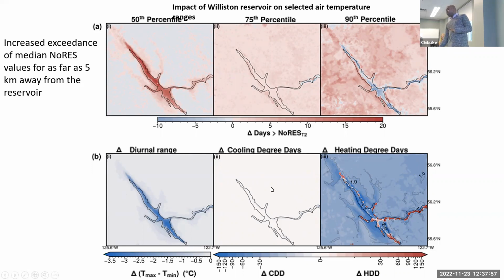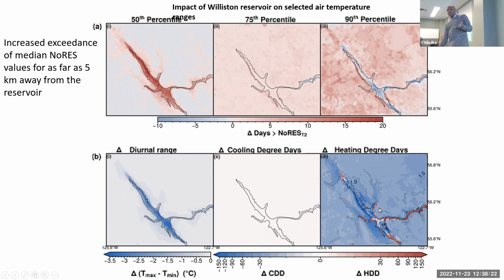Because if you look here, what they call the cooling degree days is the number of hours that exceed the 18-degree mark. So if you have an increase in cooling degree days, then it means that you need more air conditioning. But here it doesn't seem that there's a need for air conditioning. There's an increase, but it's not discomforting, right?